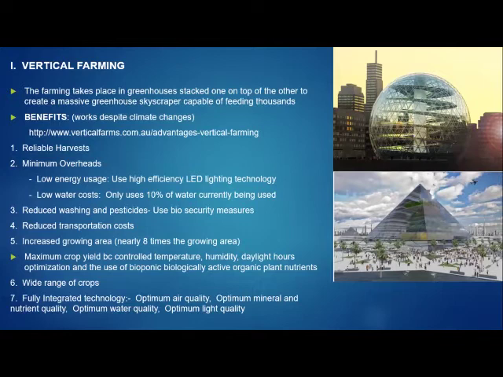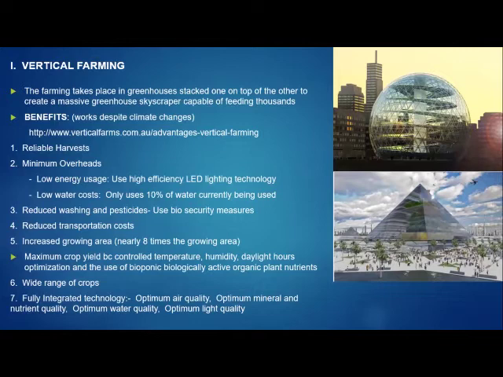But the benefits of a vertical farm are, number one, you will have a reliable harvest. These farms run 24 hours. LED lights are usually put within these vertical farms so that day and night, the plants have enough lighting to grow.